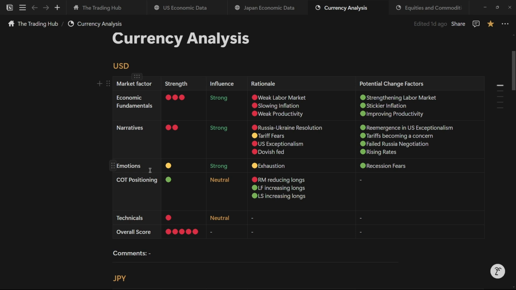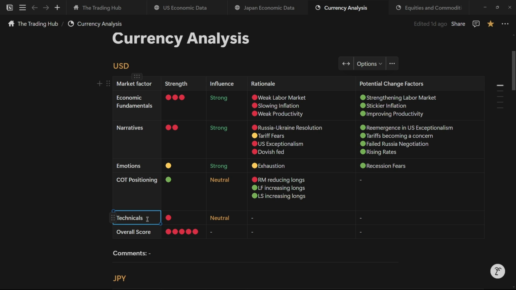So economic fundamentals, narratives, emotions, and then lastly is technicals. I actually only use technicals mostly for entries, right? But technicals can signify profit taking. It can signify if a market is overbought or oversold, how close it is to its fair value and so forth.